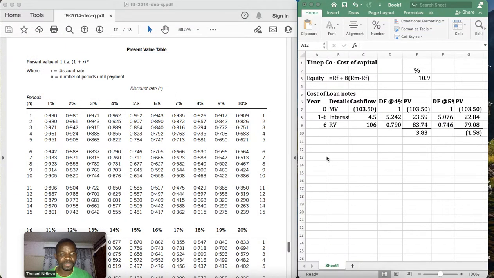Now let's calculate our IRR, which is the cost of loan notes.